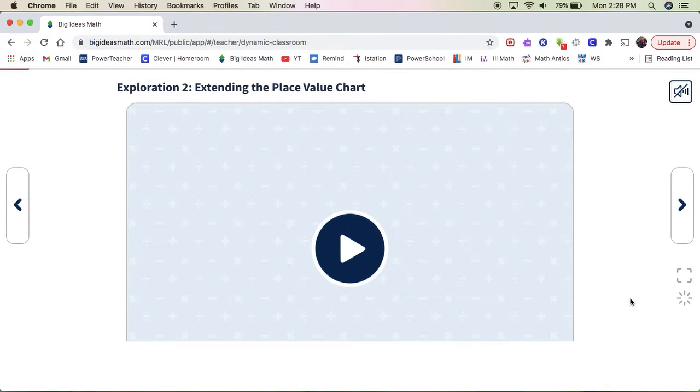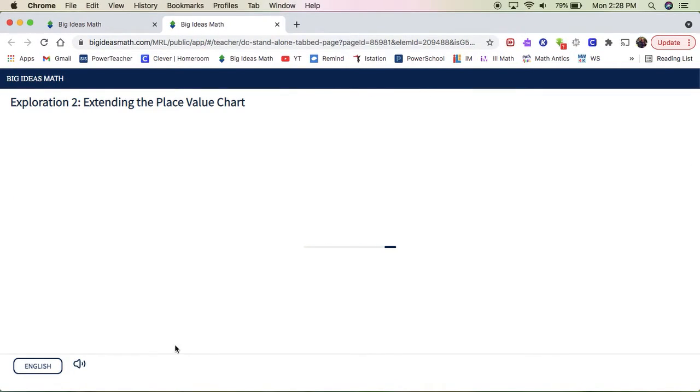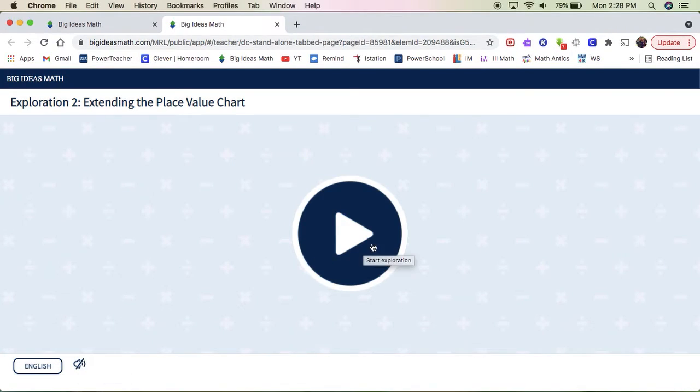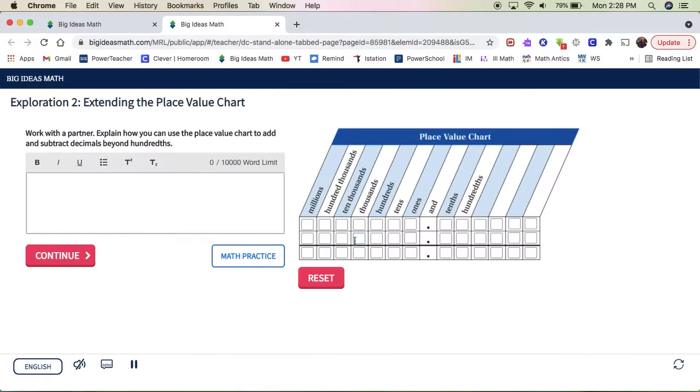Now the reason we line up our decimal points is because we're thinking about the place value chart. It's very important that we are adding ones to ones and tens to tens and hundreds to hundreds. And so that's why I just want to quickly show you this place value chart. Let's say we had the number 1.13.